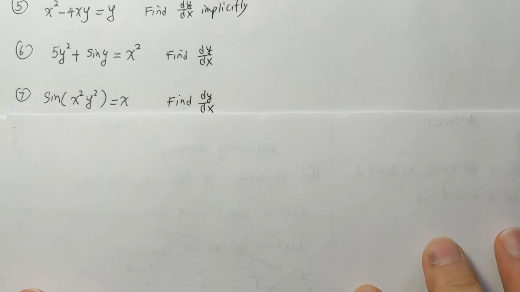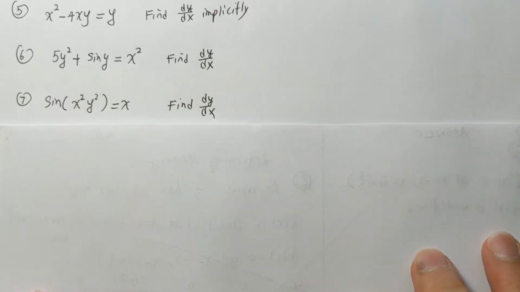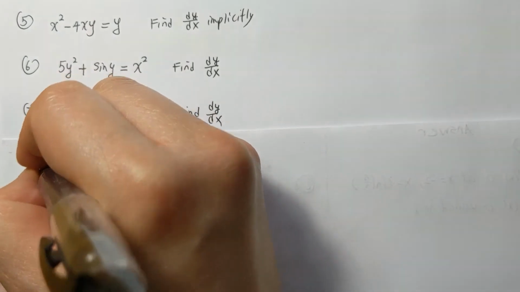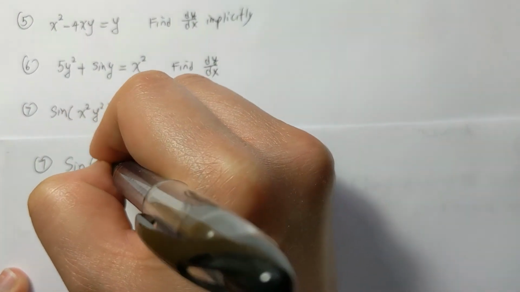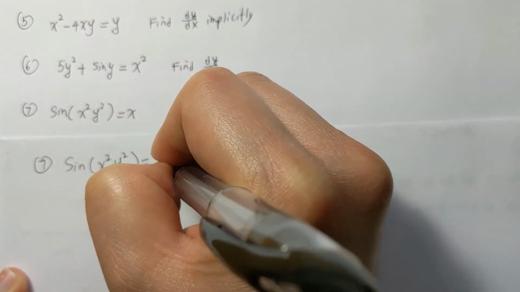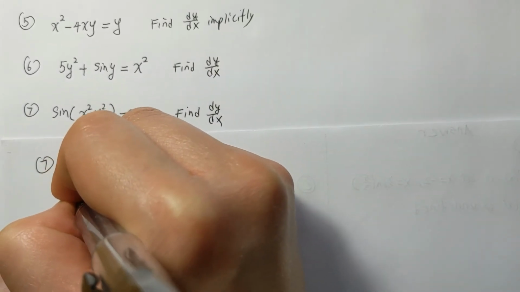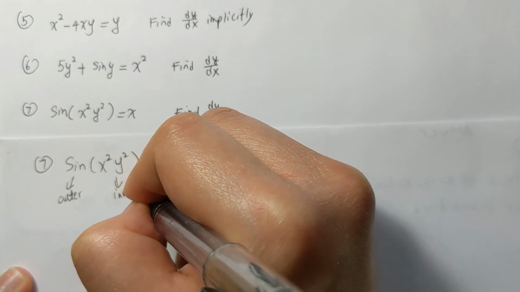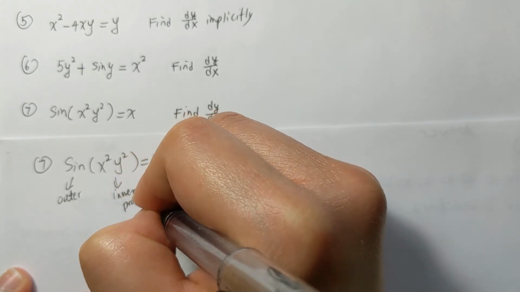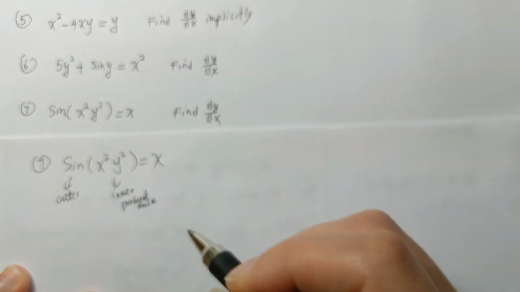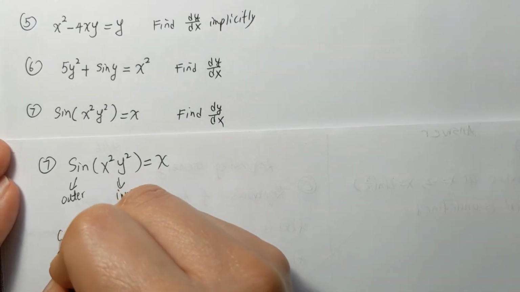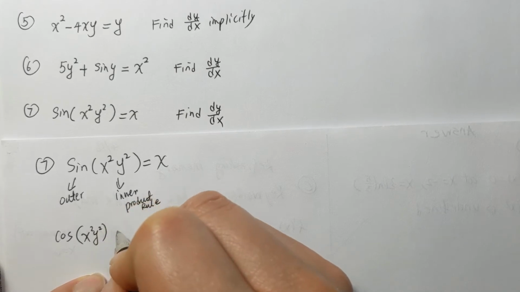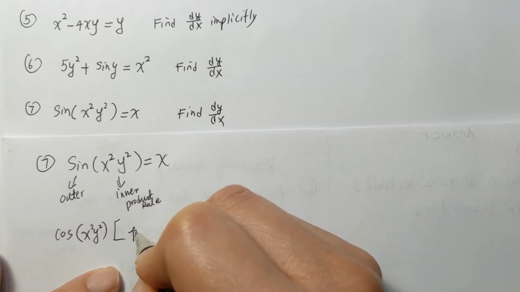Number 7, so we get sine of x squared y squared equal to x. So we get the outer function, the sine, and the inner. We have to use the product rule. So what you're going to do is the cosine or whatever inside the sine stays the same, and then you multiply by the derivative of the inside, using the product rule.